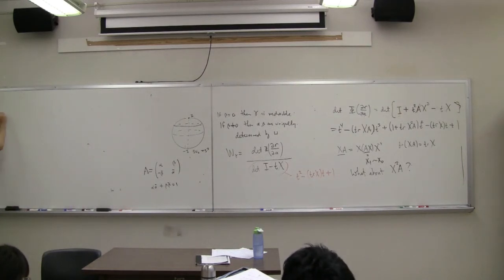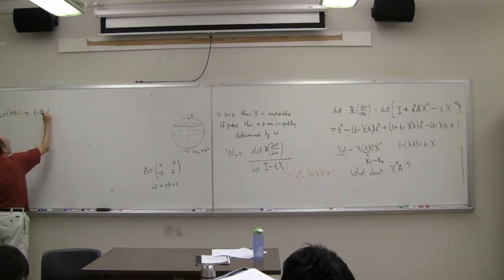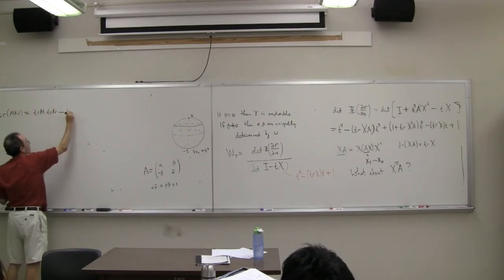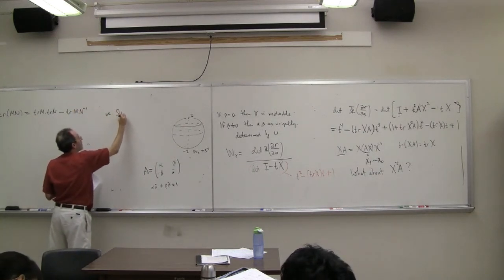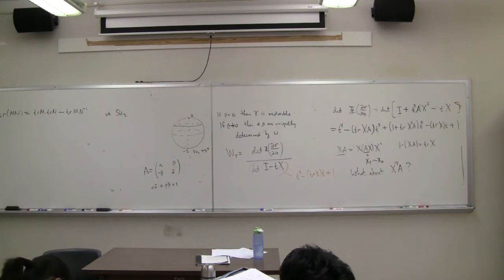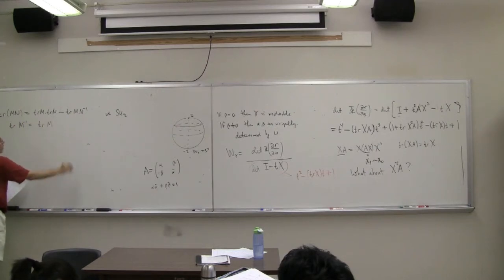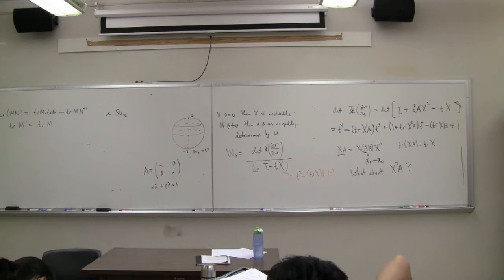You use the fact that the trace of a product is the product of the traces minus the trace of the first times the inverse of the second in SL2. And also that the trace of the inverse of a matrix is the same as the trace of the matrix in SL2 because of the form of matrices, because the eigenvalues come in inverse pairs.